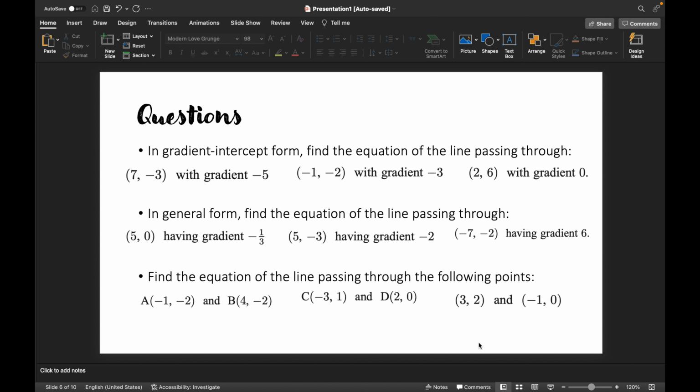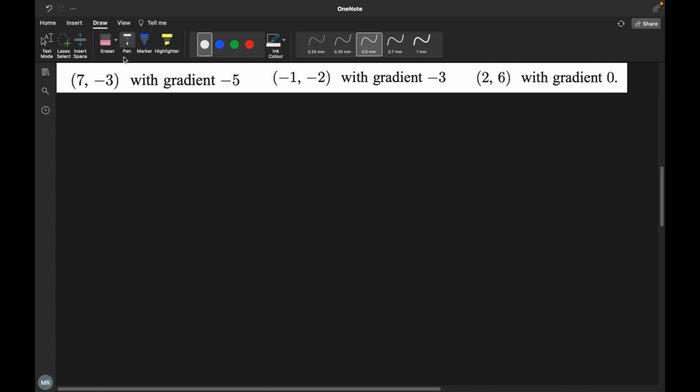In gradient intercept form, find the equation of the line passing through this point with gradient 5. So now let's work on this. We know the formula: y minus y1 equals m into (x minus x1). Now let's plug in the values. So this will be y minus of minus 3, and then m would be negative 5, and x would be 7.